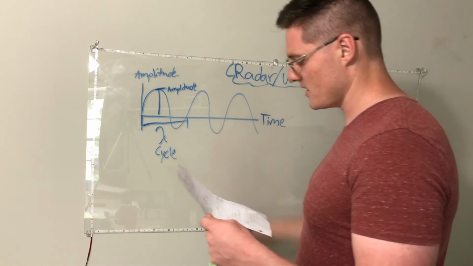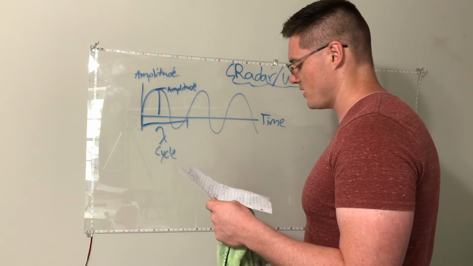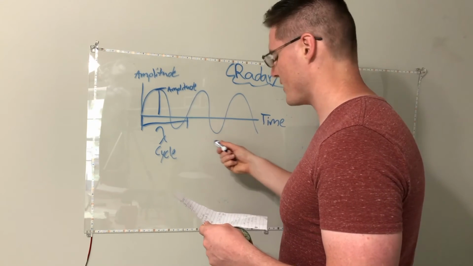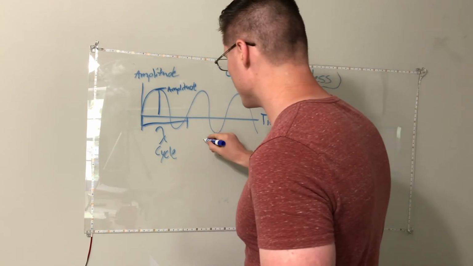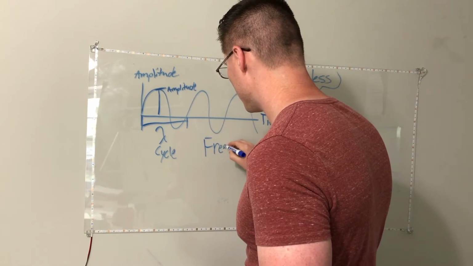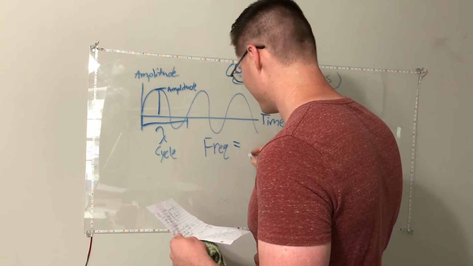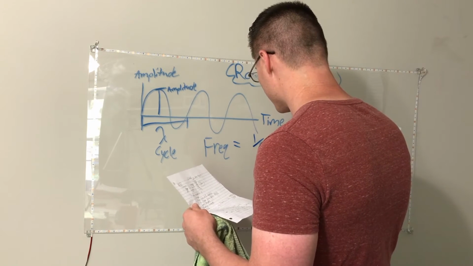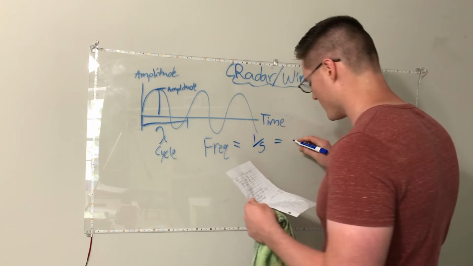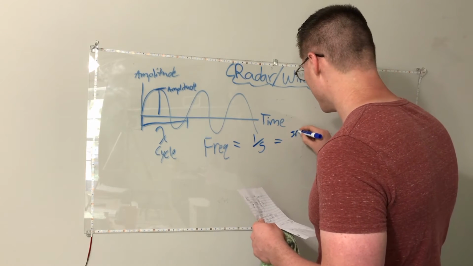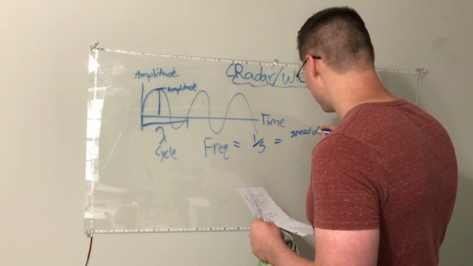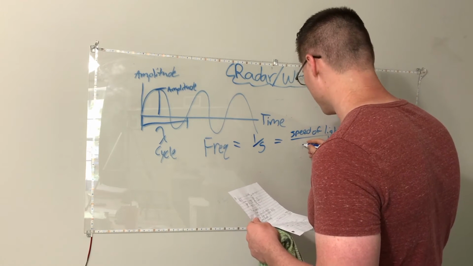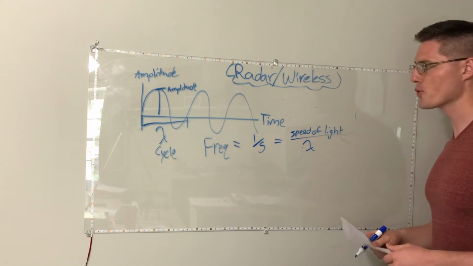And the frequency is calculating how many cycles you have in a given time. So frequency in this case, or freq, is going to be 1 over s, which essentially equals speed of light over wavelength. And we'll go through different examples.